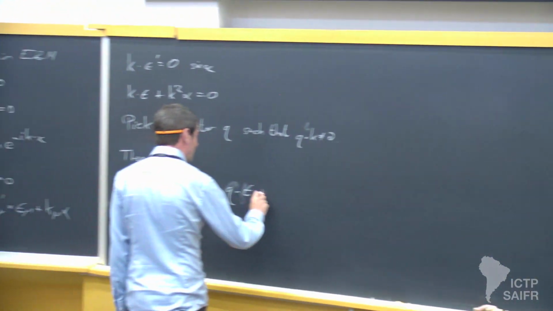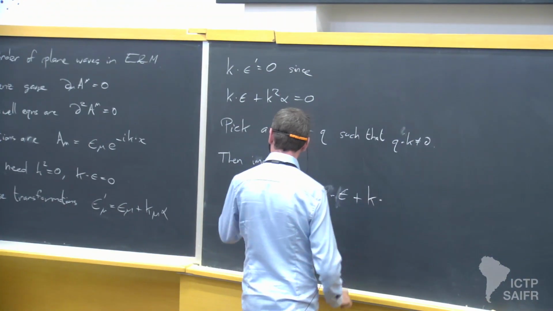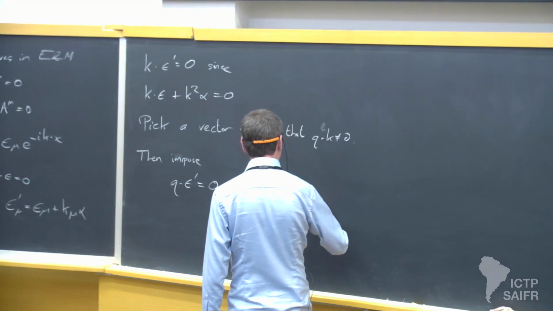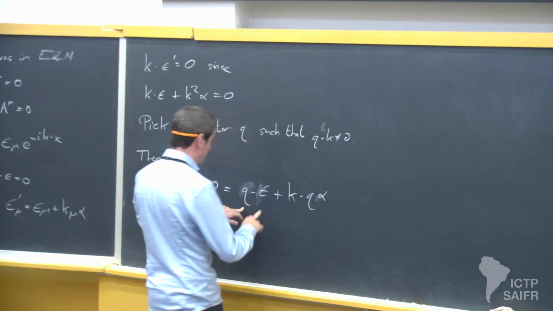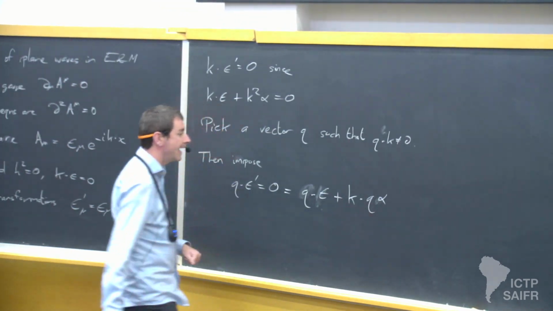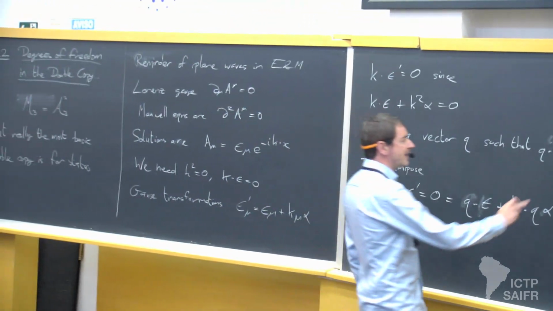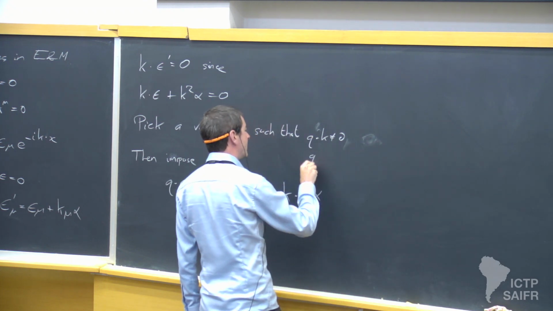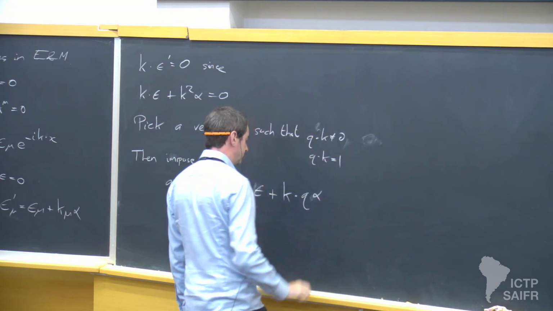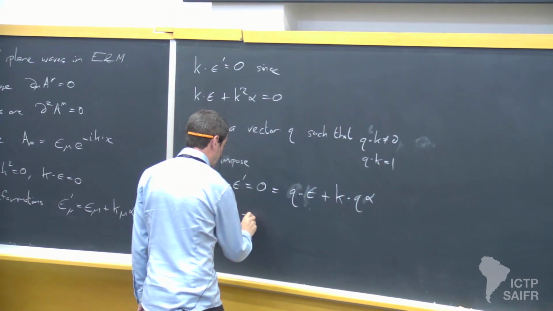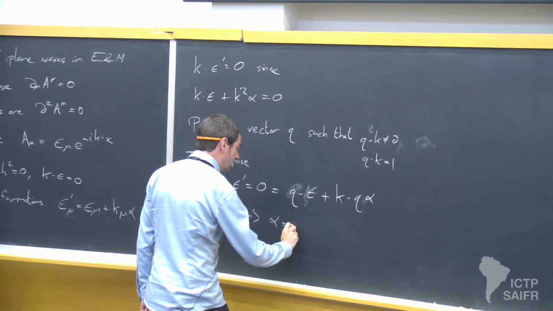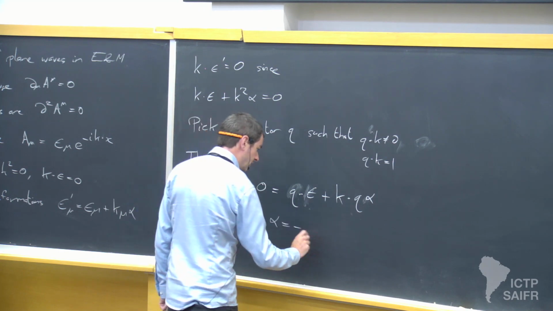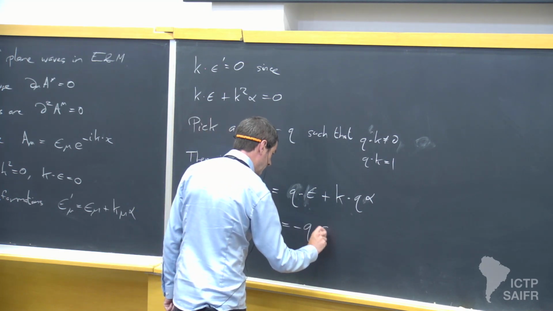So epsilon prime is epsilon plus k alpha. When I dot it with q, I get q dot epsilon plus q dot k alpha. I can just set q dot k equals 1 by scaling. So if this is 1, there's obviously a solution for alpha, setting this dot product to 0, and the solution is alpha equals minus q dot epsilon.